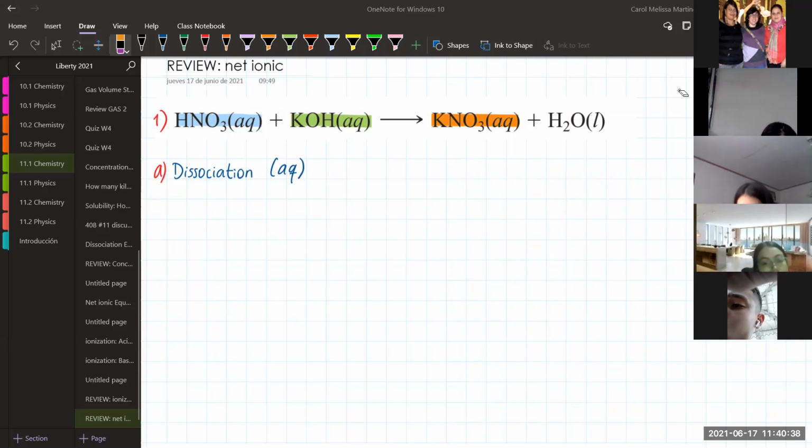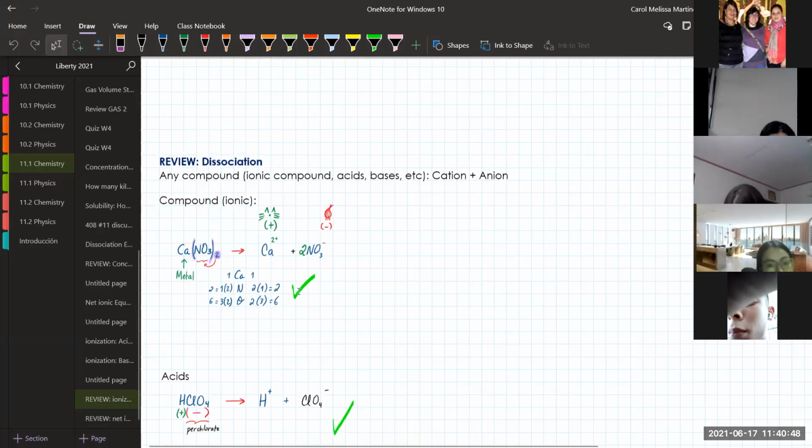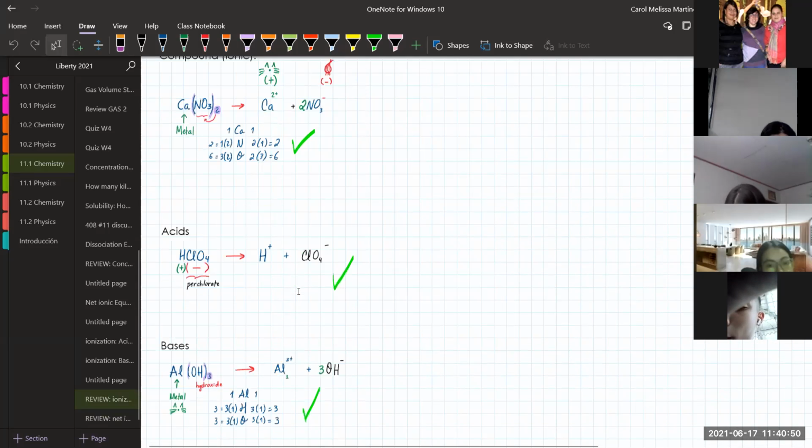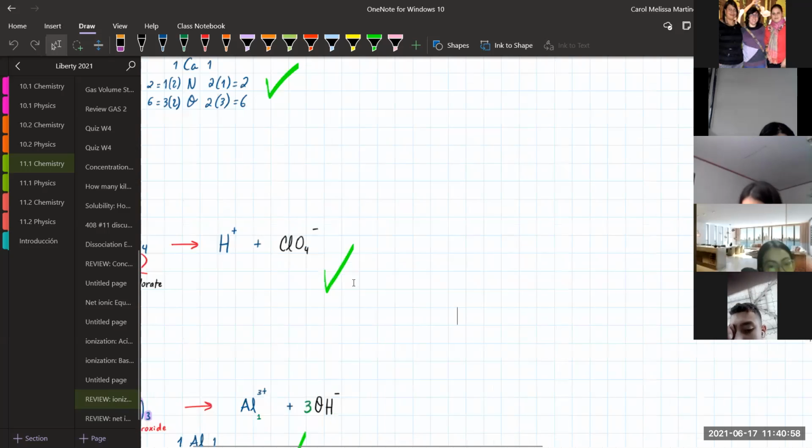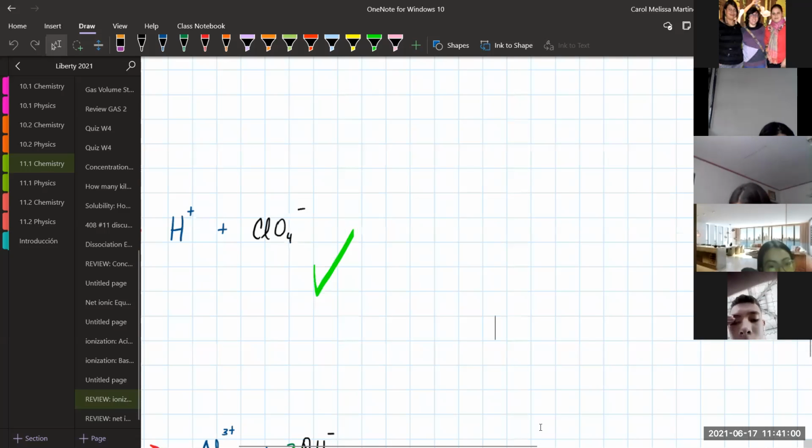So for the acid, remember this. If you don't remember, go back in your notebook and check the last part about dissociation. To dissociate acids, I'm going to zoom in. Okay, take a look.